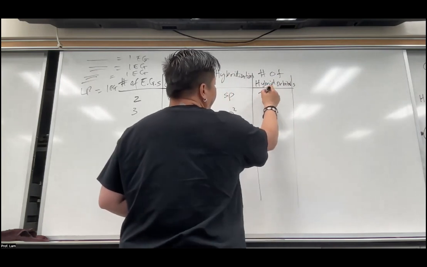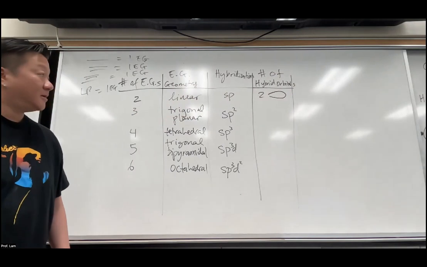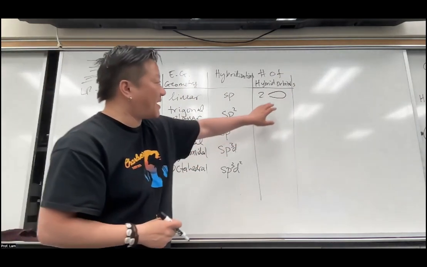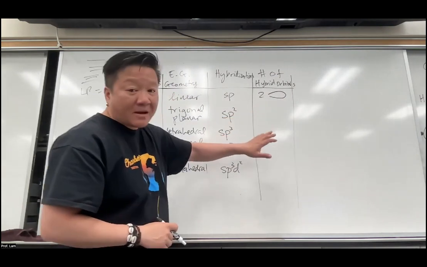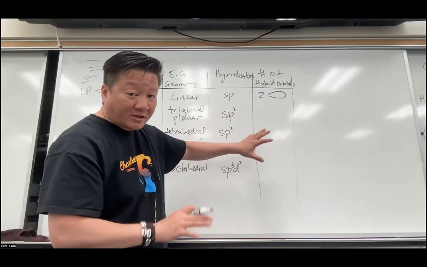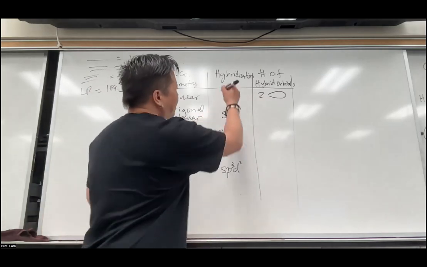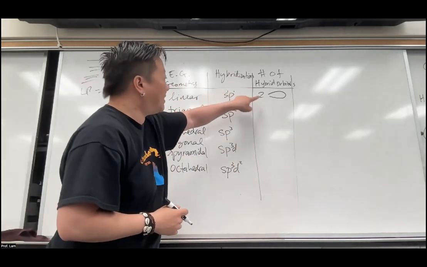Two. And what do they look like? Um, half of a peanut. Or, students in my past class, I've called it like a flower petal. Okay. So all hybrid orbitals look like a flower petal regardless of their hybridization. But how do you know how many of them there are? Remember, it's just adding up the superscripts. So one and one is two.